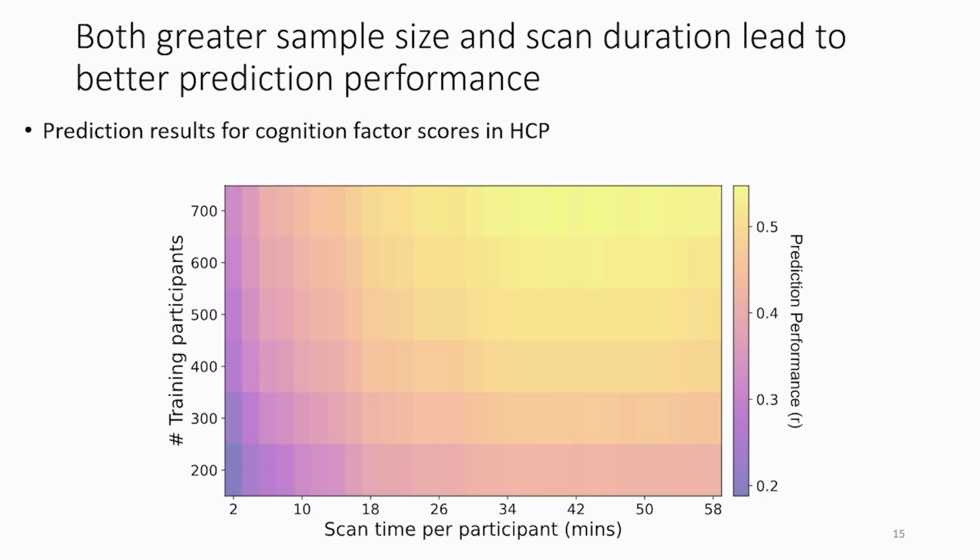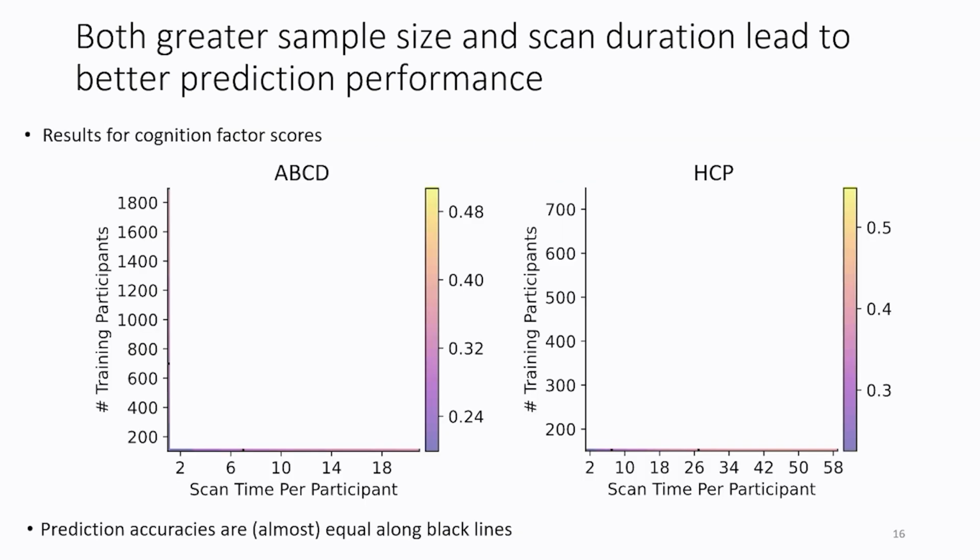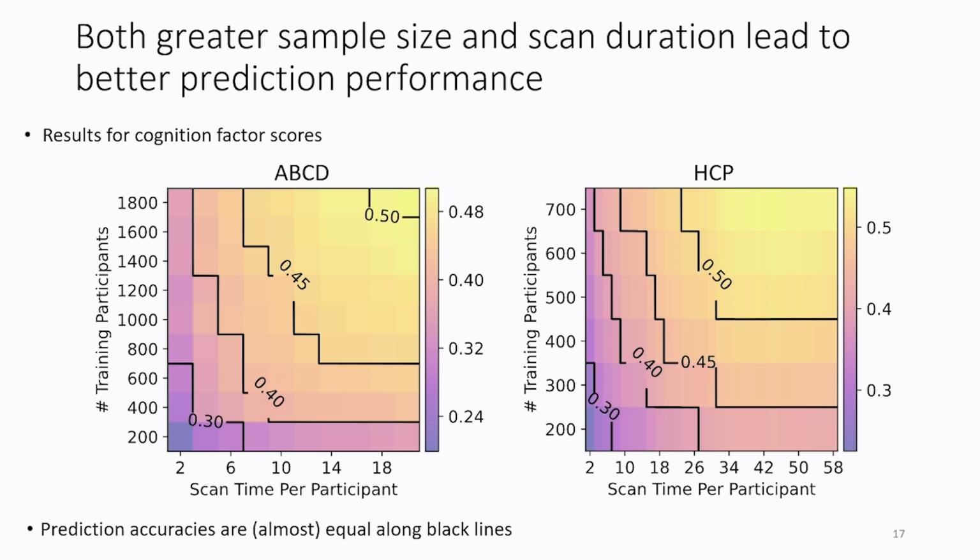We can zoom out into this full plot, and we see that both sample size and scan duration per participant help to improve prediction performance. Let's see how this behavior replicates over 2 datasets. Over here, we have both datasets, and we can see the results across both. We additionally draw some lines to show the areas where prediction accuracy is almost equal.